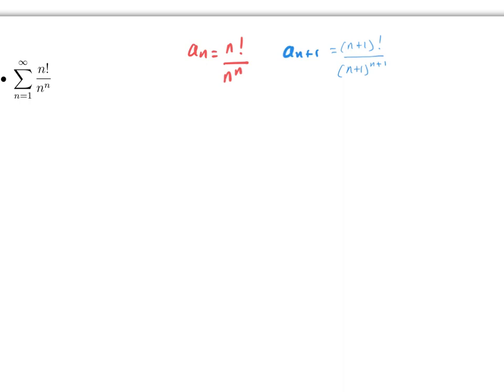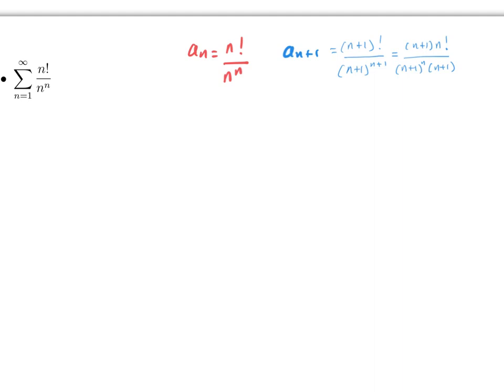Now here it's very important to simplify this before you attempt to cross anything out. Remember that n plus 1 factorial from pre-calculus is the same thing as n plus 1 times n factorial. And n plus 1 to the n plus 1 is the same thing as n plus 1 to the n times n plus 1. So this is actually very, very important to simplify before you attempt anything.